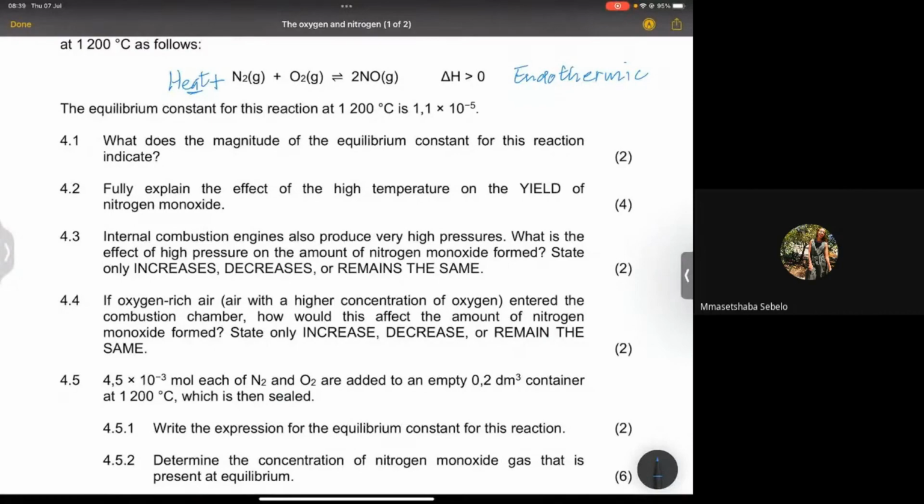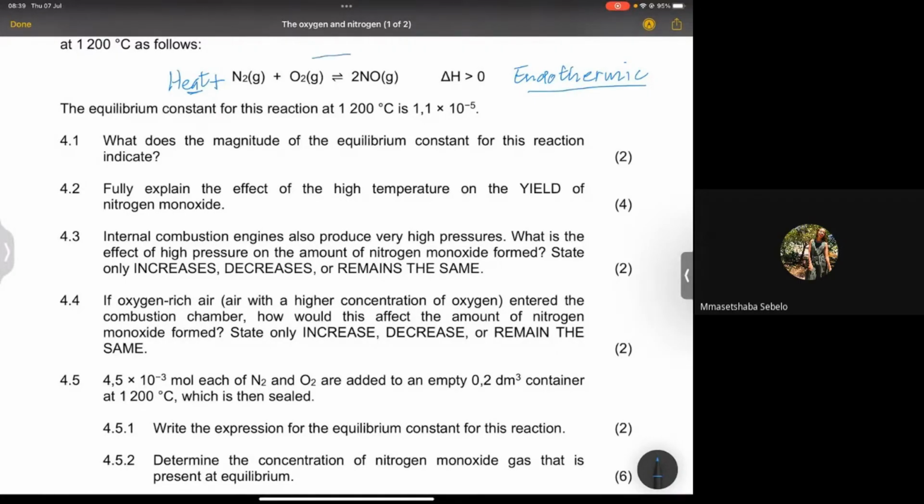So in order for nitrogen and oxygen to react, we need to put in heat, and as a result, we'll get nitrogen monoxide.